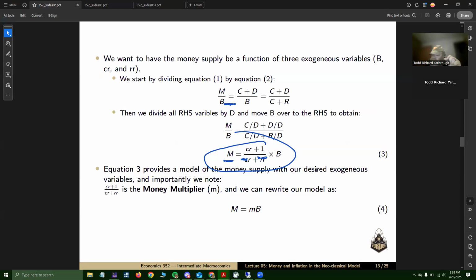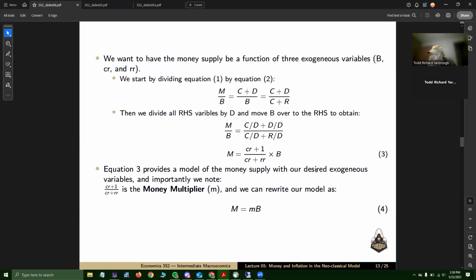Okay, so the math here looks a little gnarly, but it's pretty straightforward, just some simple algebra. We're going to take the money supply and divide it by the monetary base. We're going to end up referring to this M over B as a sort of idea of money balances, and we'll see why we do that in just a moment.